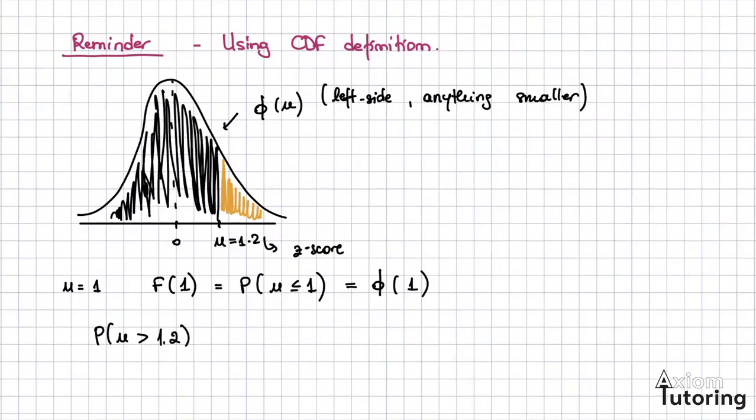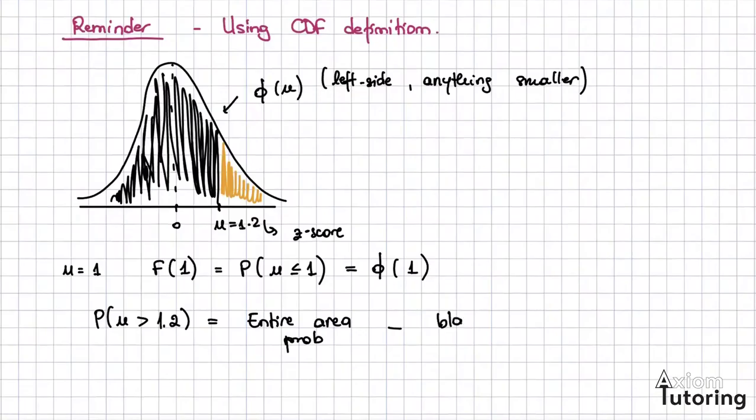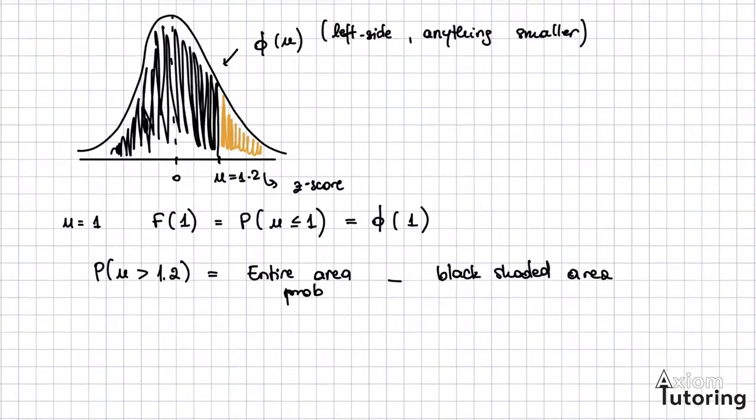So then this is the entire area probability minus the black shaded area. In words, mathematically, the entire area probability means this is where all my possibilities are, so that sample space is exactly 1.